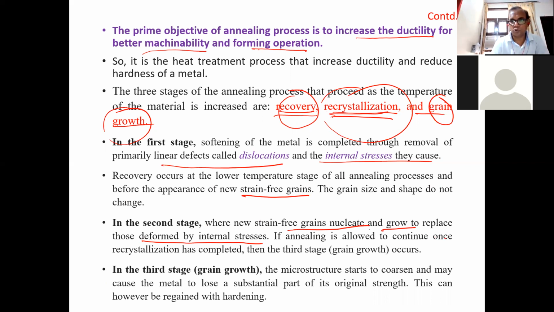If annealing is allowed to continue once recrystallization has completed, then the third stage is grain growth. The microstructure starts coarsening, which may cause the metal to lose a substantial part of its original strength. This can, however, be regained by hardening.